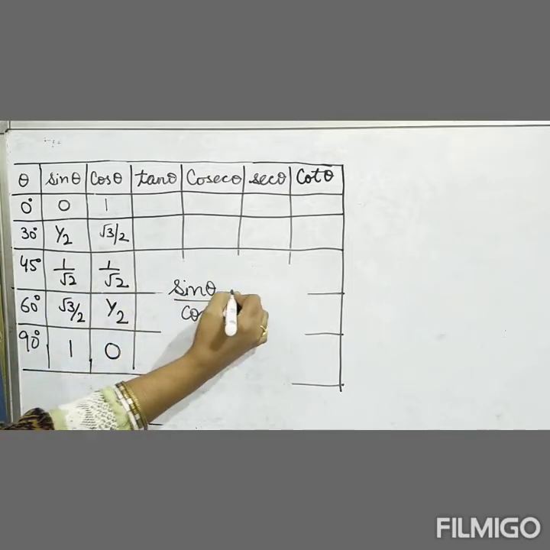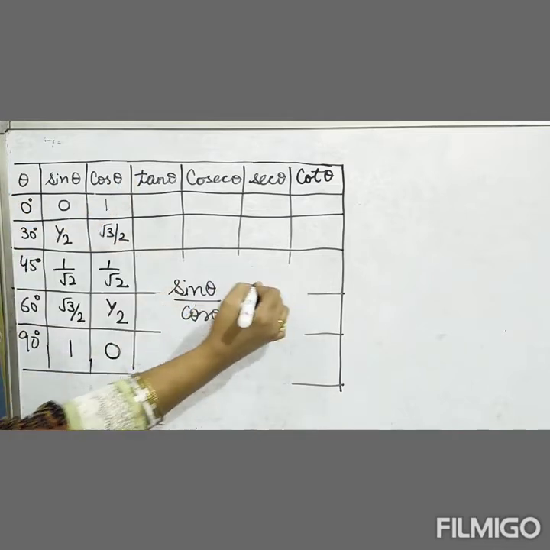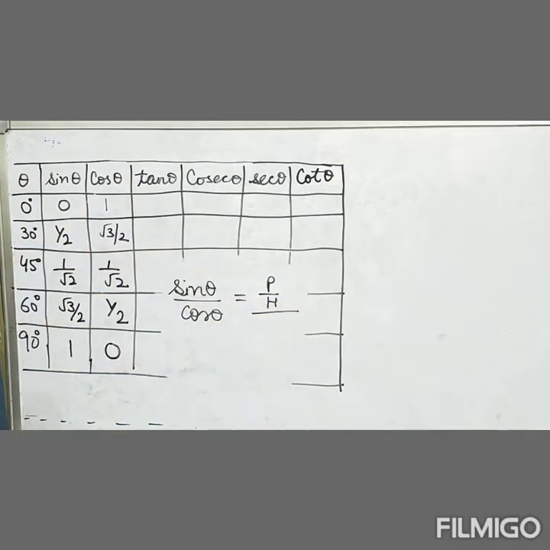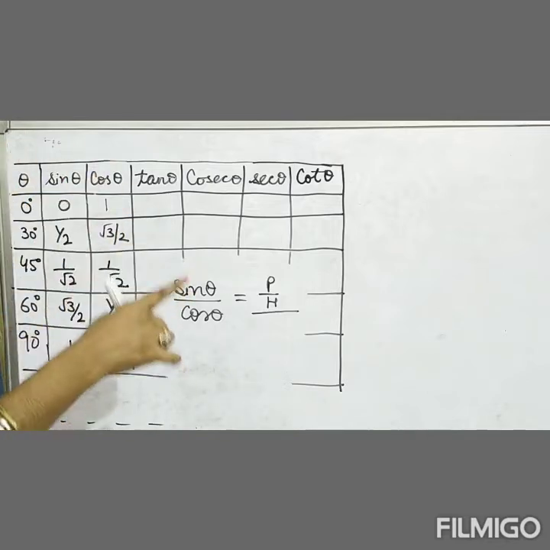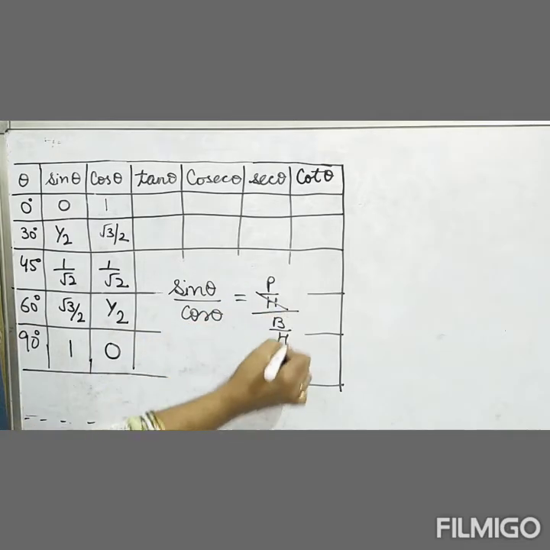We know that sin theta, according to the formula, was Papa hai Sonipat, that means P by H, right? And cos theta was Beta hai Chandigarh, so B by H. Okay, if I cancel these H, I will get P by B.